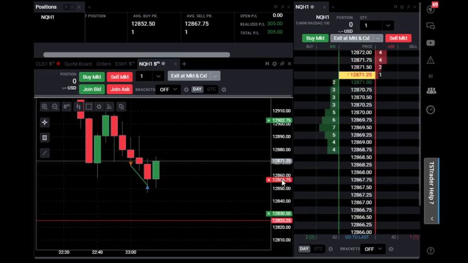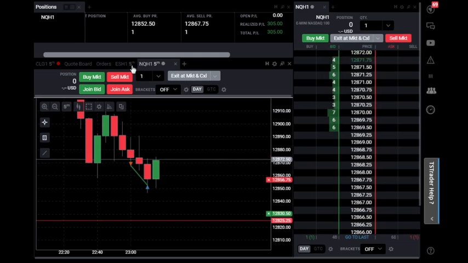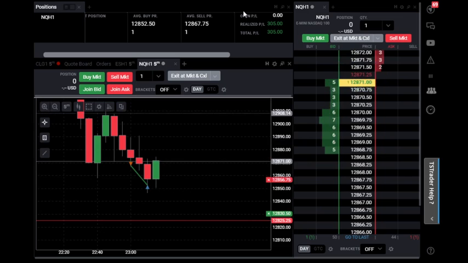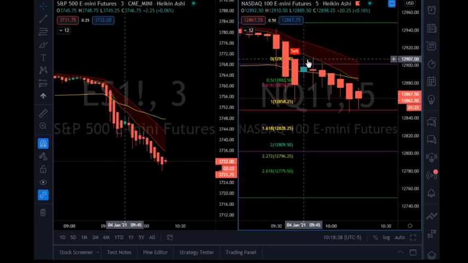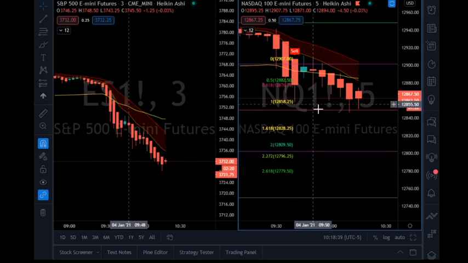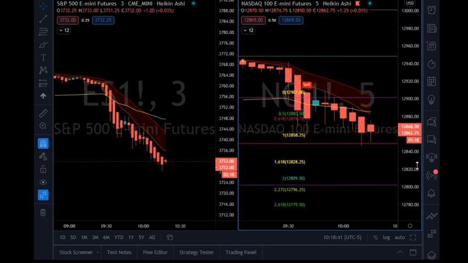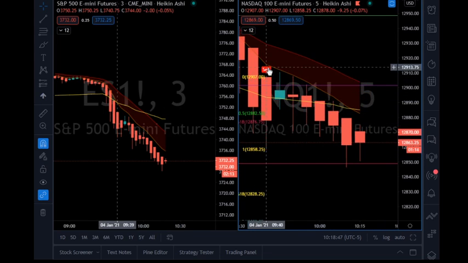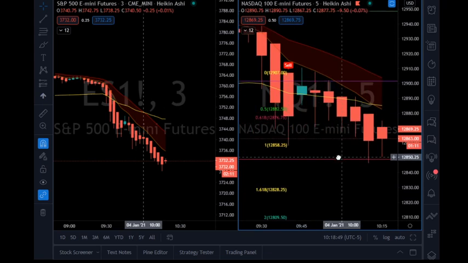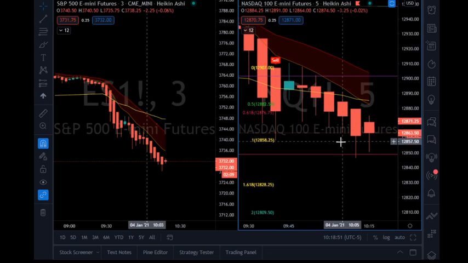We are waiting down here with a sell stop limit order for Nasdaq 100 to go short at about the same price level of the indicator as our signal over here. So this is the sell signal. Now we just need to wait if the price goes further down.